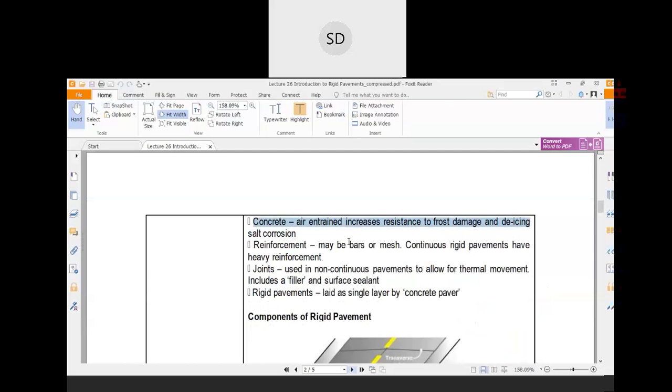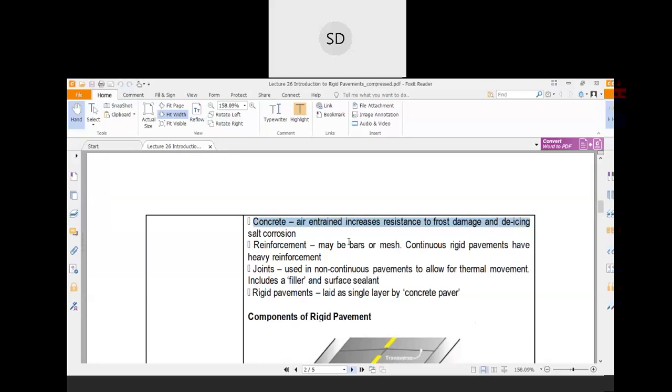Now, joints in the rigid pavements are a very important part and parcel of the rigid pavement, because with temperature changes, different stresses evolve over the rigid pavement, and to relieve the stresses you need joints.